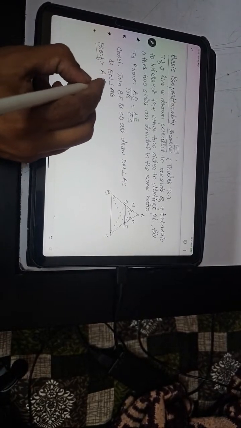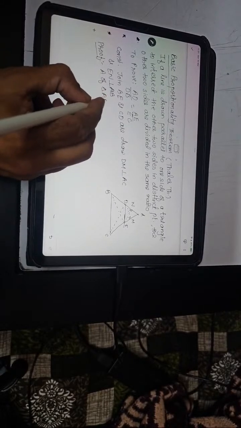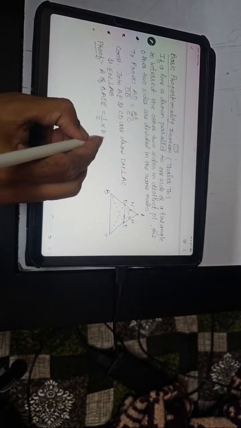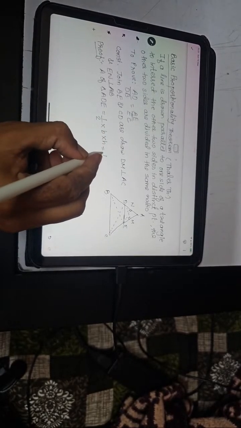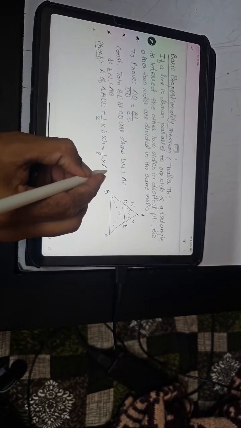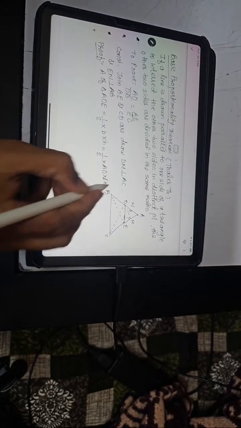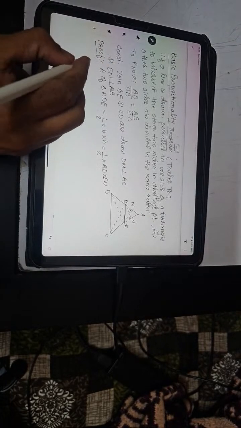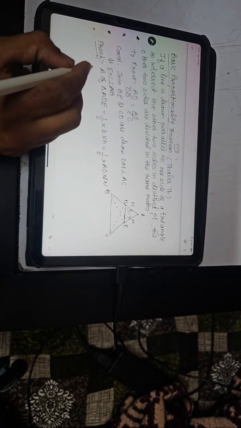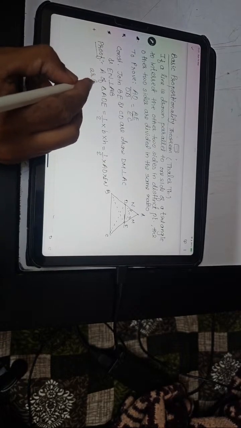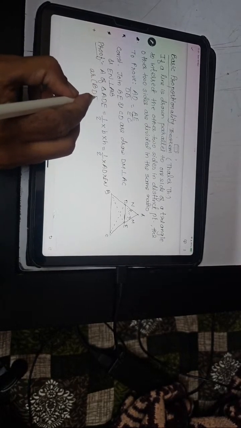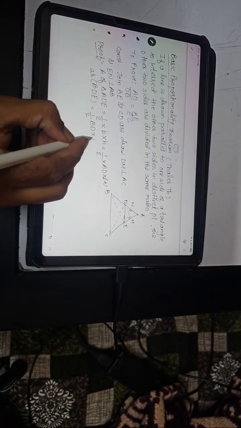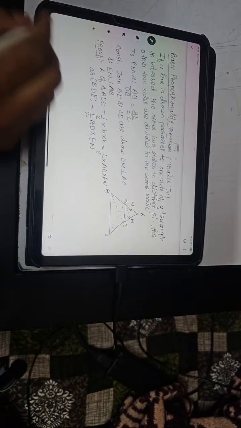Area of triangle ADE. Area of a triangle is half into base into height. In the same way, that will be half into AD into EN. I have taken AD as base, right? And area of triangle BDE will be half into BD into EN, right?